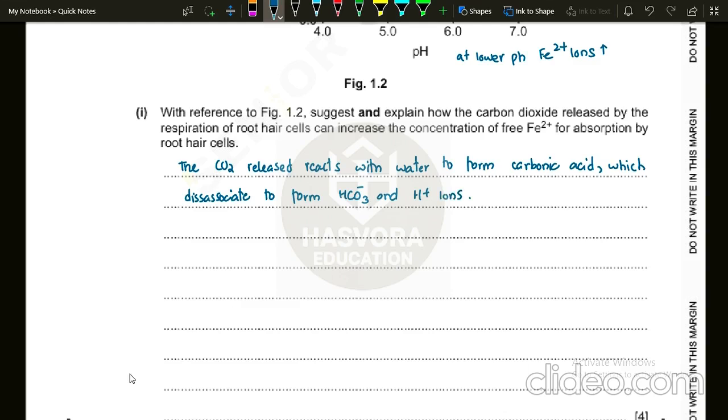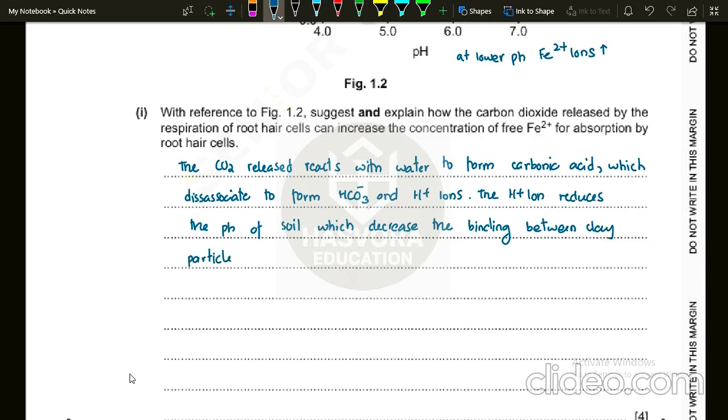The second mark for this. Then we have to write that the H+ ion reduces the pH of soil, which decreases the attraction or the binding between clay particle and Fe2+ ions.